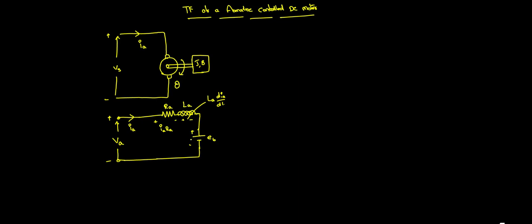So using the KVL equation, the voltage VA that you are applying is equal to IA RA plus LA dIA by dt plus EB.